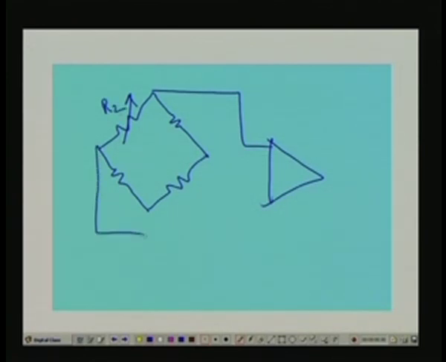So, this RTD is connected here. Here we have this excitation, this is Ex, okay. So, this is our RTD, this is R2 and this is R1, this is also R1, this is our RTD sensor, right. Now, the instrumentation amplifier is necessary because the output voltage is very small, right.